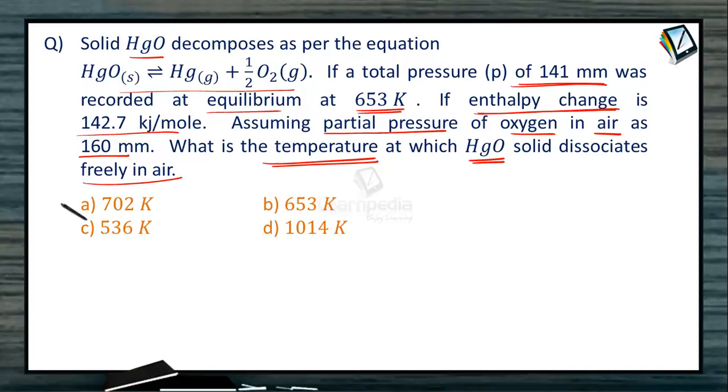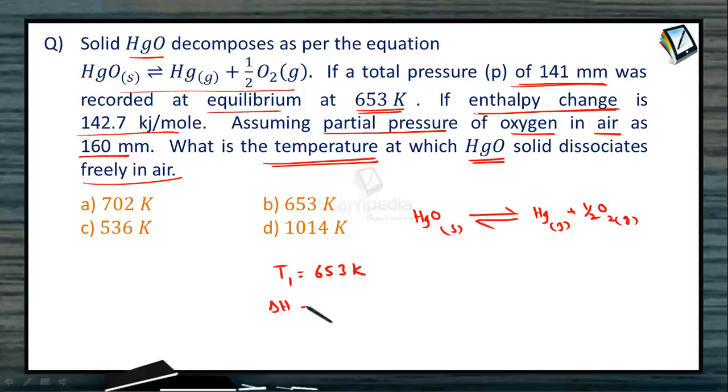in air. So what is given is the system HgO solid undergoing dissociation to give Hg gas in gaseous phase plus half O2 gas. This is the system and it's given temperature T1 as 653 Kelvin and enthalpy change delta H at the given temperature is 142.7 kilojoules.